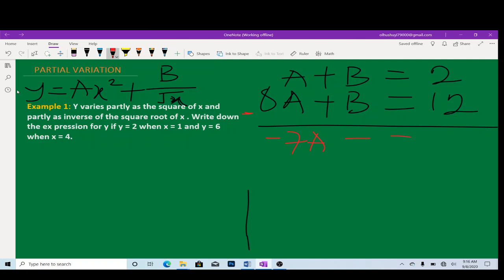2 minus 12, that will give us minus 10. So minus 7a equals minus 10, so my a will be equal to 10 upon 7. Having gotten that, what is the next thing that we'll do?